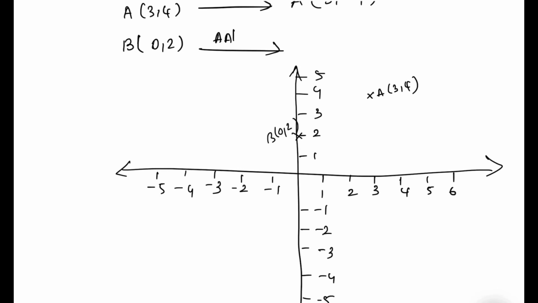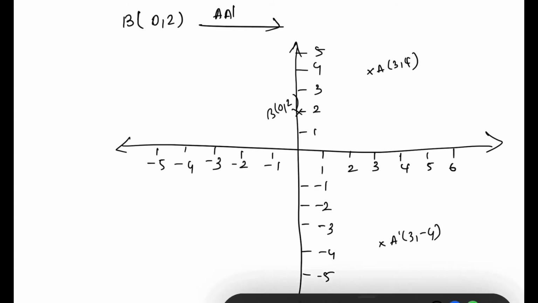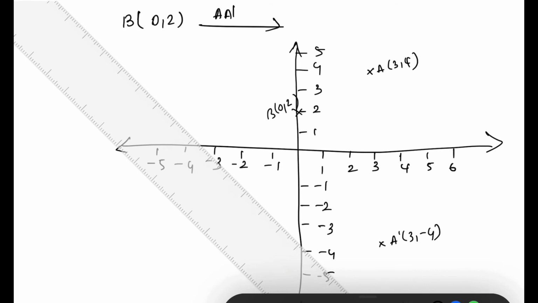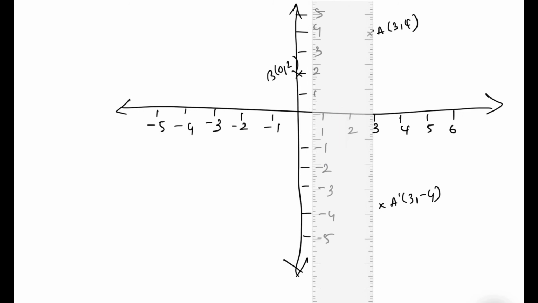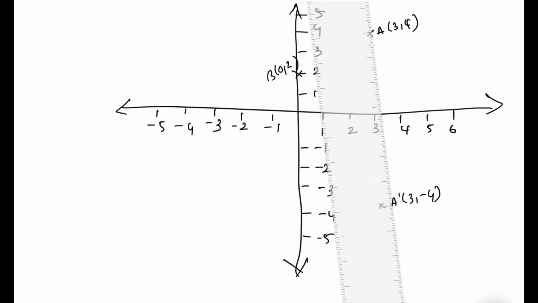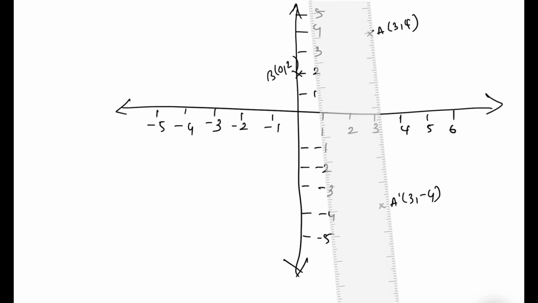And where do we have A dash? A dash is equal to 3, -4. So it is here. So what is it told? B dash is reflected on the line A dash, right? Let me draw a line here.